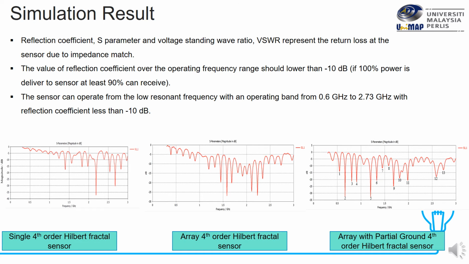From this comparison of three simulation results, we can see that the array with partial ground for fourth order Hilbert Fractal sensor can operate from the lowest resonating frequency, which is 0.6 GHz, with the reflection coefficient less than negative 10 dB.